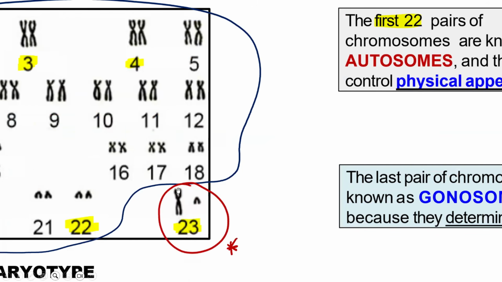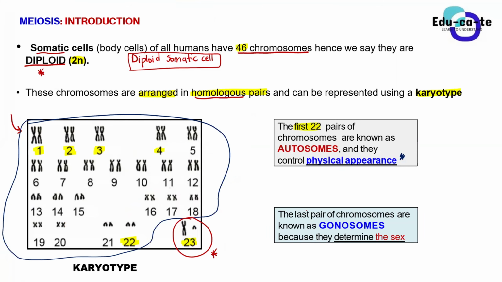At pair number 23, we're having a very long chromosome here and a very short chromosome that looks like a V shape or something like that. These are known as the gonosomes. The gonosomes don't have anything to do with your physical appearance. They are only there to determine the sex, to determine your gender. Whether you are a male or a female will be determined by the chromosomes on pair number 23.